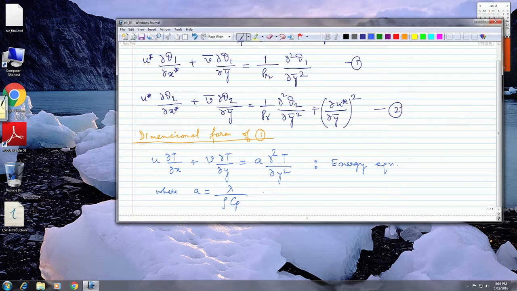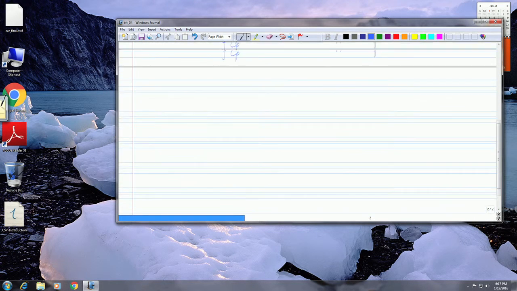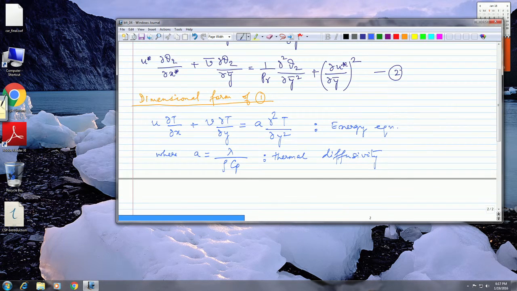What is A? A is the thermal diffusivity, and lambda is something that we've said earlier. Lambda is the thermal conductivity. We've dealt with lambda before, so I'm not writing that again. So A here essentially is the thermal diffusivity, okay.